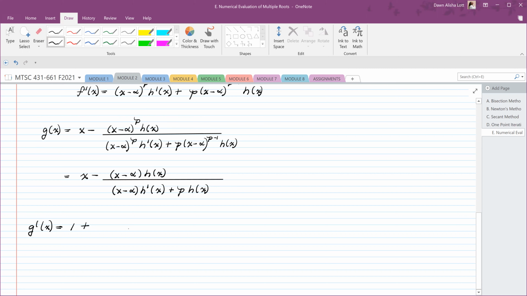And now I have to use a quotient rule. Oh, I'm not doing a quotient rule on this thing, it'll make me crazy.